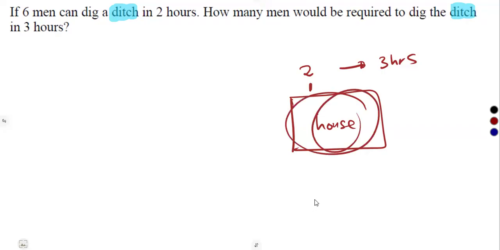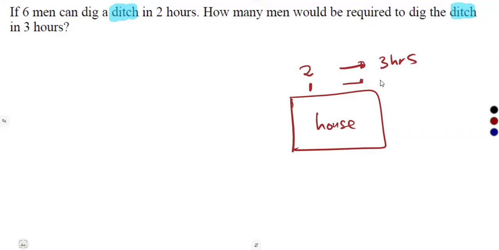Now, we want to know the number of hours. Is it going to be more or is it going to be less? Same house, same rate, 1 person. This person is going to cover more hours, guys. They are talking about an individual.